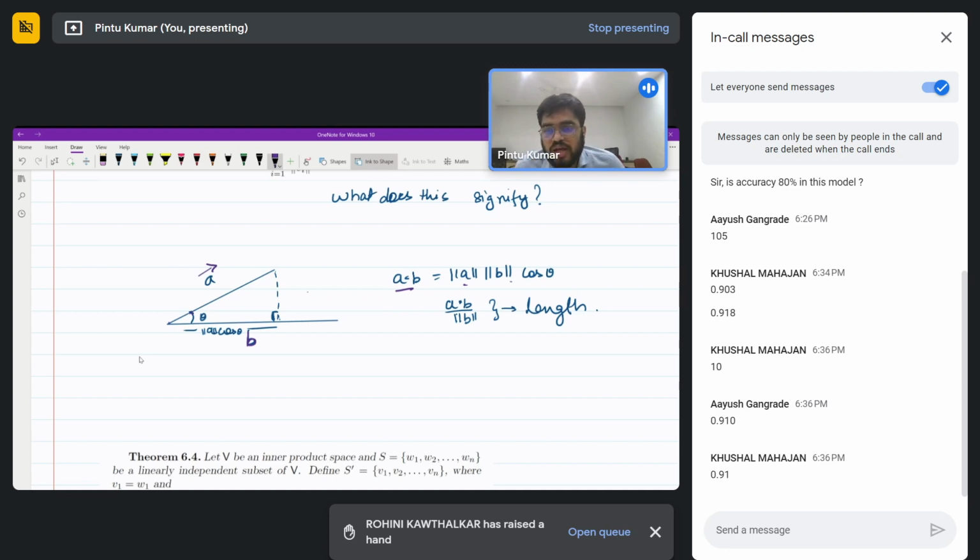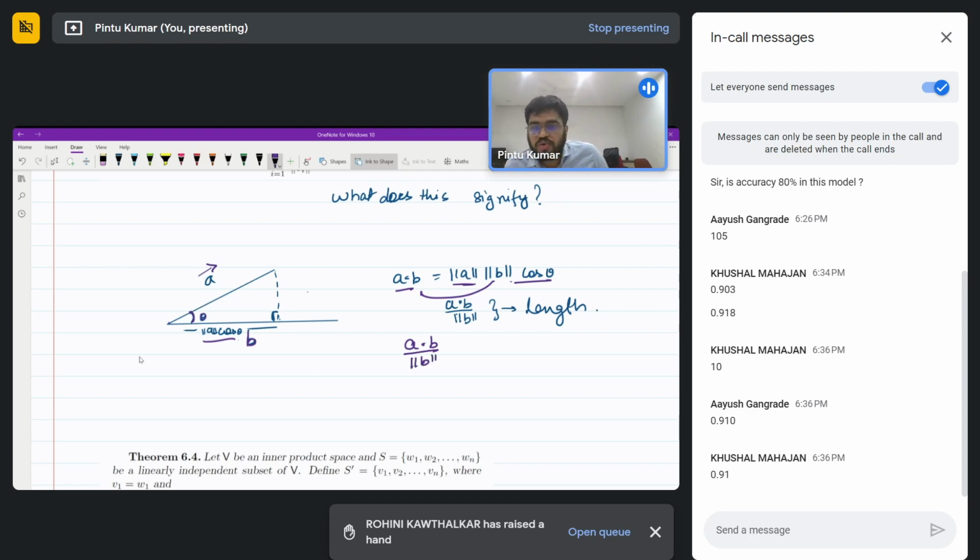So this is your angle theta, and if you use simple trigonometry here, because this is 90 degrees, when you take the projection, this is A cos theta. So what is the value of A cos theta? You just send this thing to this side, so this is A dot B divided by norm B.